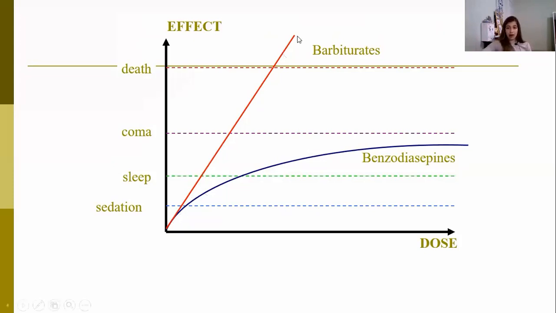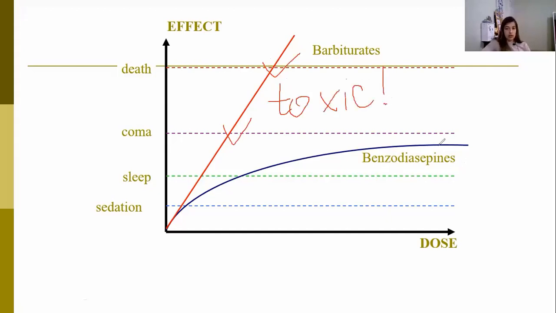You see, the more dose you give, the faster the effect of the barbiturates grows. And in case of benzodiazepines, the graph is a little bit different. So you take a normal dose of barbiturates, which gives you sedation, a little bit more, it gives you sleep, then you overdose like 5 times, you have coma, and overdosing 10 times can already lead to death of the patient.